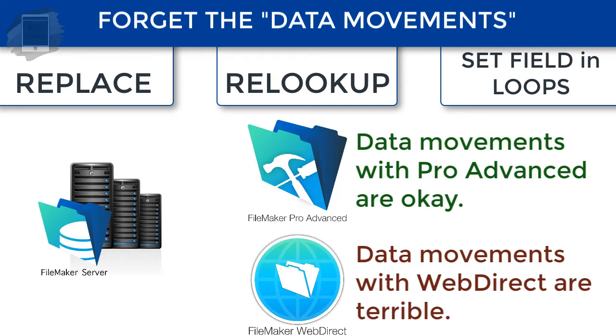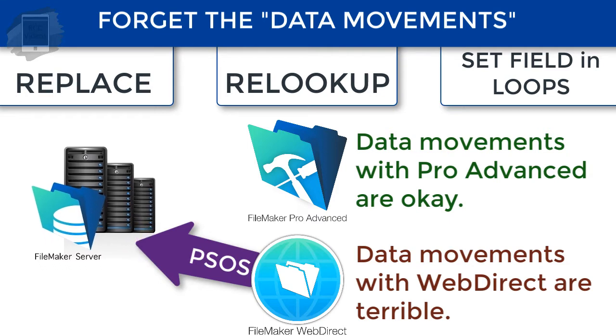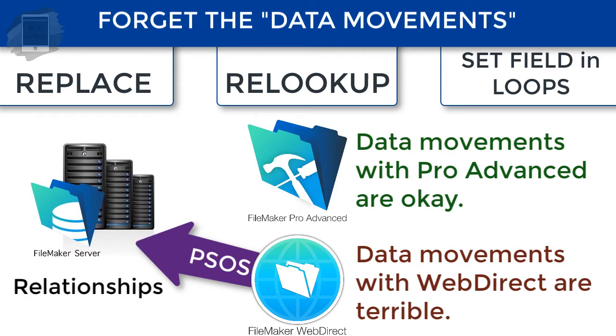So what we do is perform script on server, and that is instant. But if you have everything else performing on server, the replacement, the relationship mapping, the logic, everything on server, that makes a big difference.